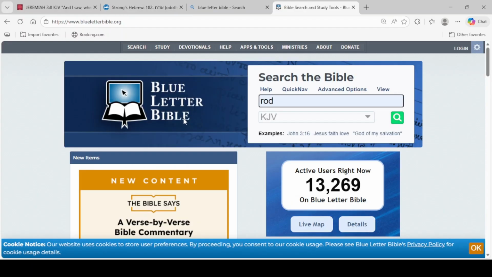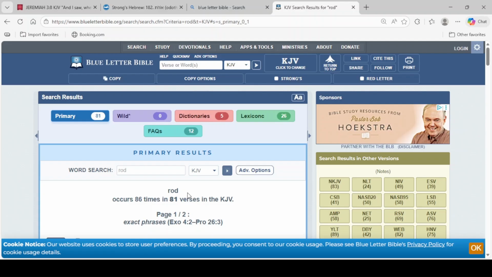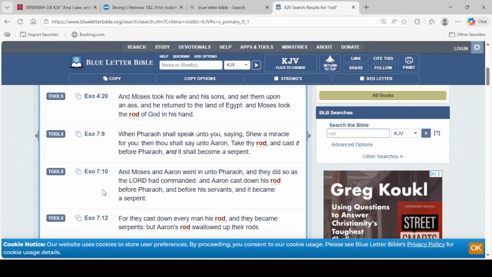I've opened up Blue Letter Bible to open up a concordant study, a word study of the word rod. The King James Version uses the word rod 86 times in 81 verses. It's a very meaningful study, all the way up to and including various things that I'll broadly say that God called Aaron and Moses to hold a rod, which was nothing short of a stick.